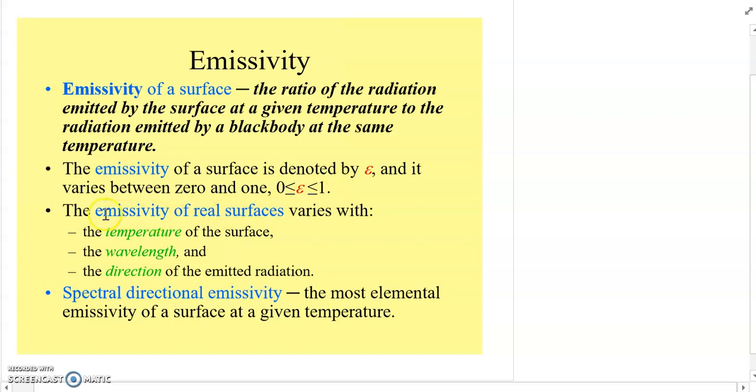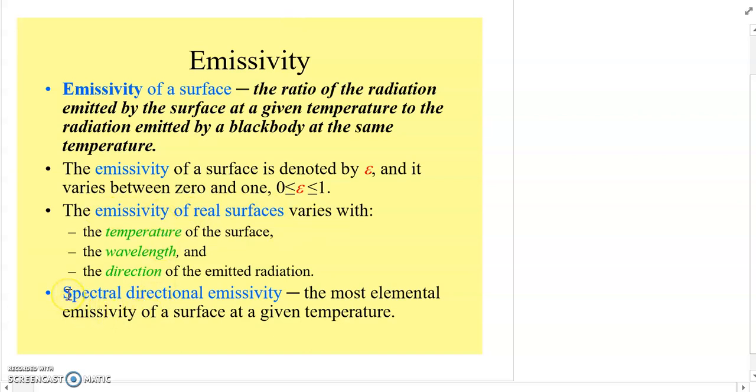For the emissivity of a real surface, other than a black body, it varies with the temperature of the surface, the wavelength, and also the direction of emitted radiation. These are the three factors that affect the emissivity of a real surface.